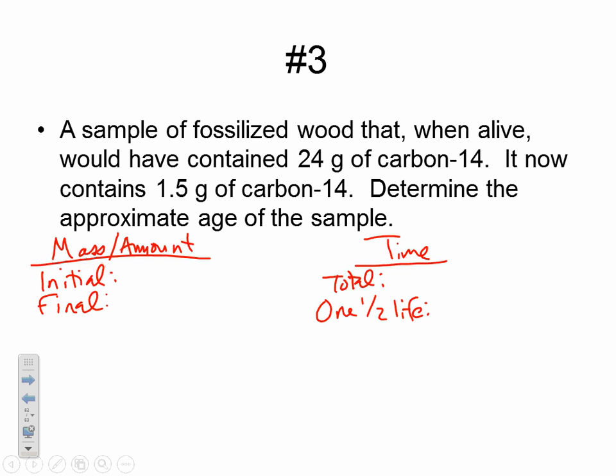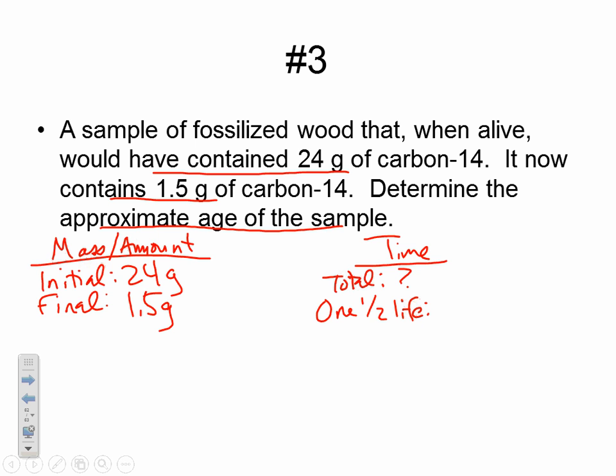So we pull the numbers apart. That when alive would have contained 24 grams, now contains 1.5 grams. So would have contained 24 grams, that was the initial amount in the fossilized wood, but now after time has elapsed, it only contains 1.5 grams. And then it says determine the approximate age of the sample.